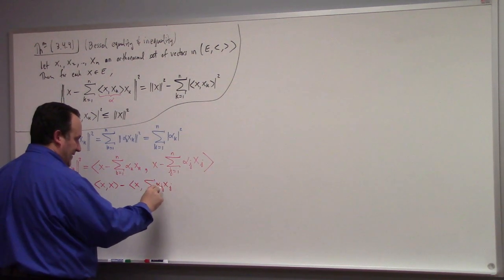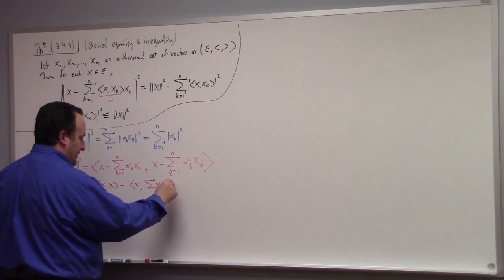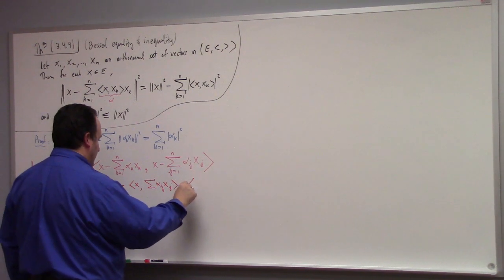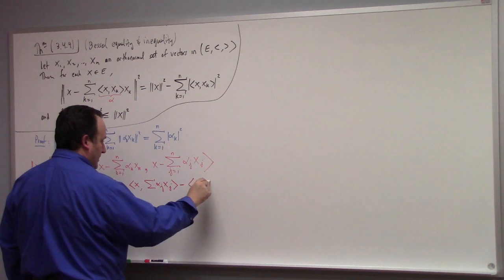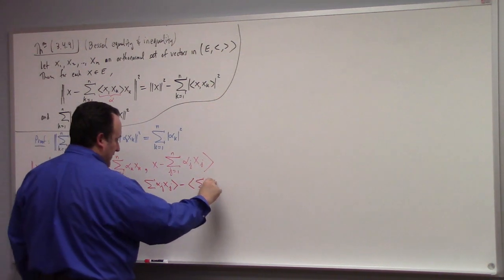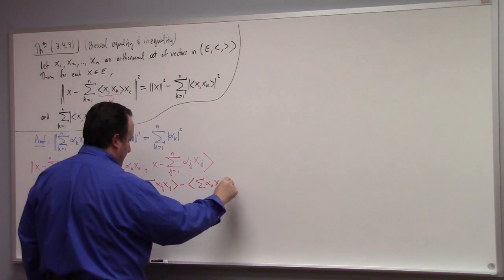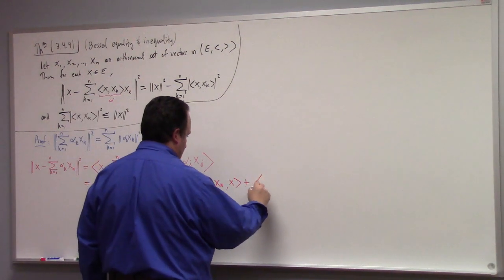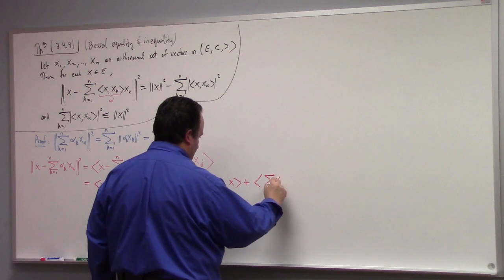I'll try not to skip too many steps here. I'm going to leave off that the sum goes to n, so I'm just not going to write that. Minus the sum alpha k xk with x, plus the inner product of the sum with itself.